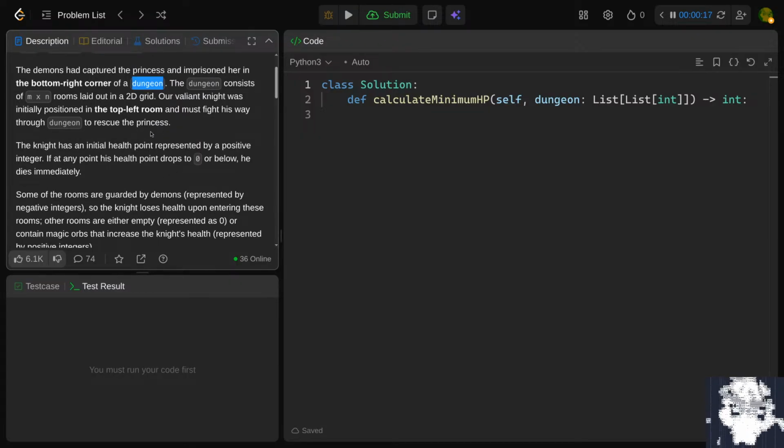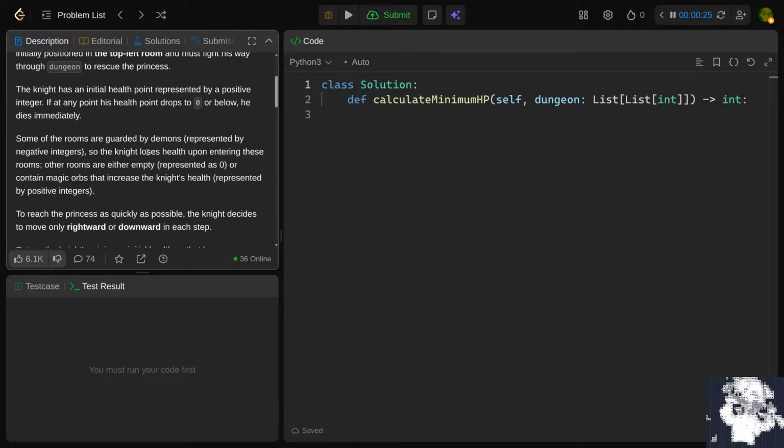Our valiant knight was initially positioned in the top left room and must fight his way through the dungeon to rescue the princess. The knight has an initial health point represented by a positive integer. If at any point his health point drops to 0 or below, he dies immediately.